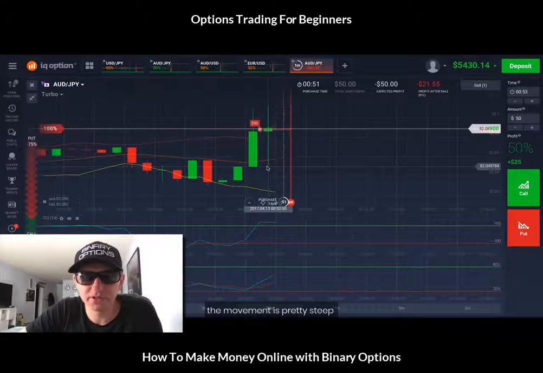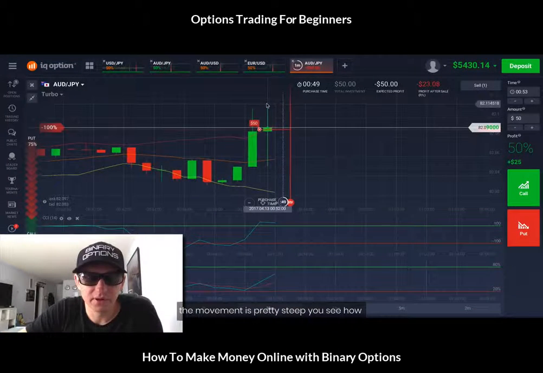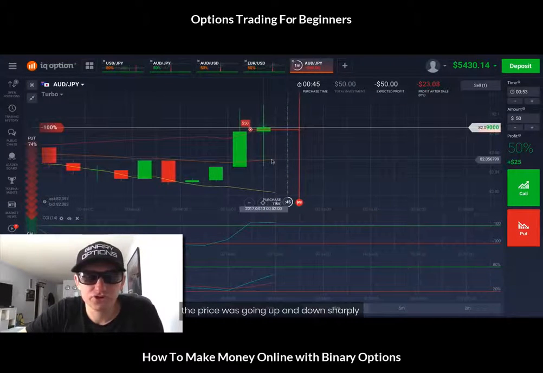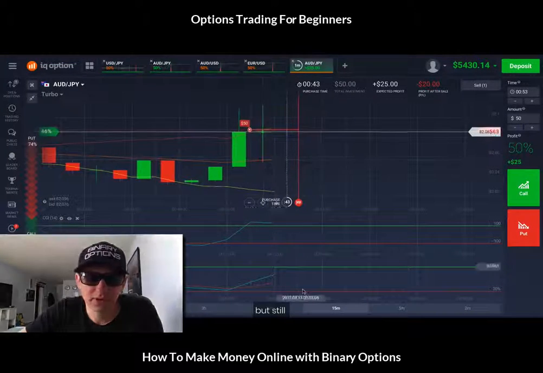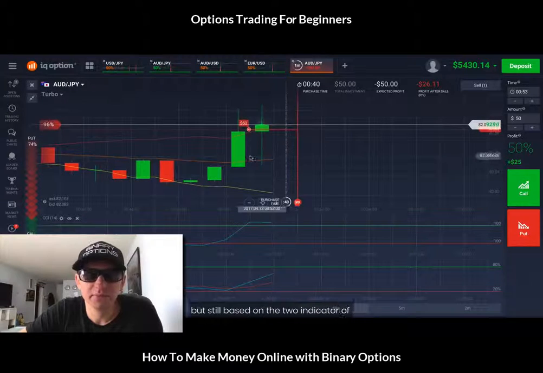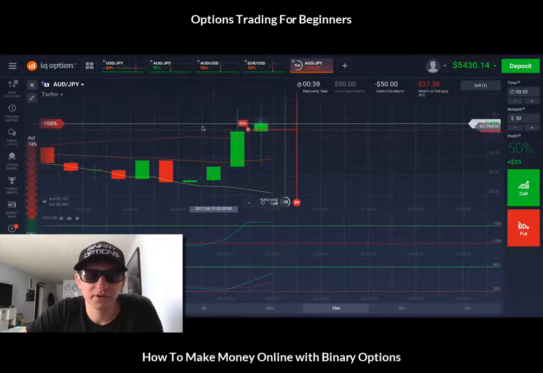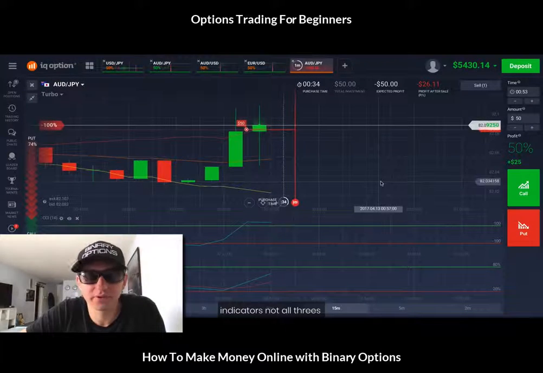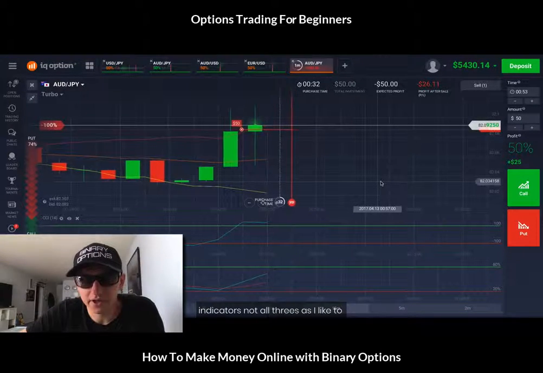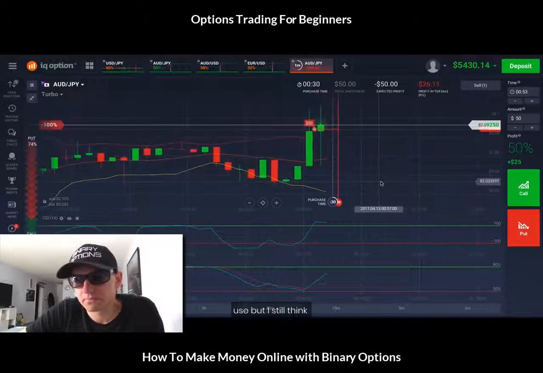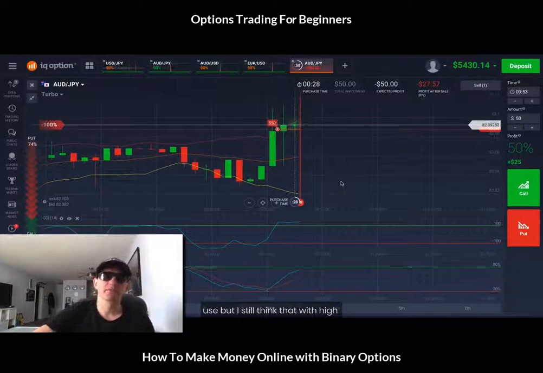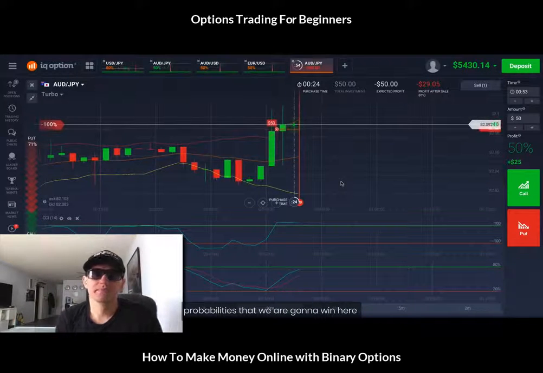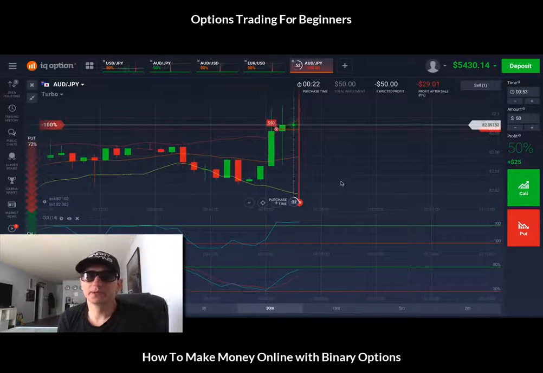So the movement is pretty steep. You see how the price was going up and down sharply, but still based on the two indicators. Of course, those were only two indicators, not all three that I like to use, but I still think that there is high profit probability that we are gonna win here.